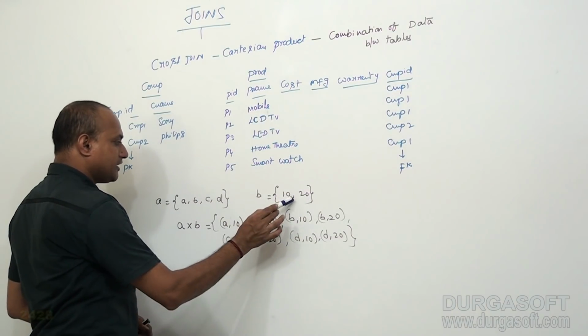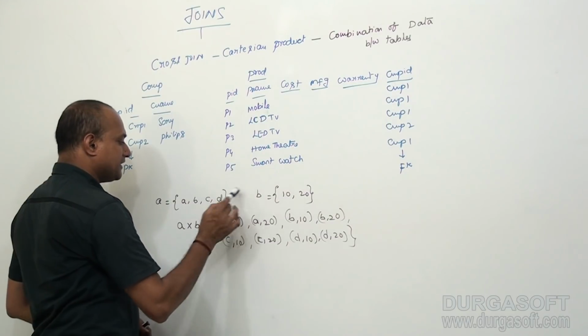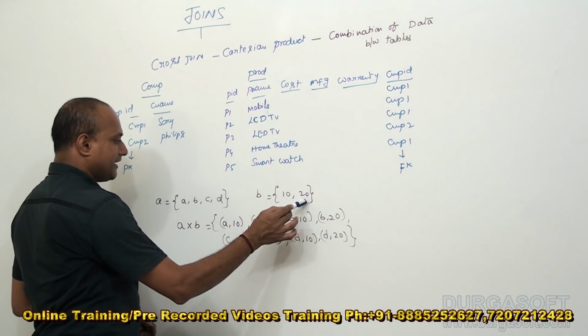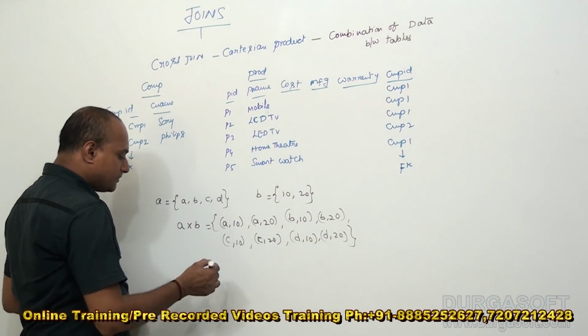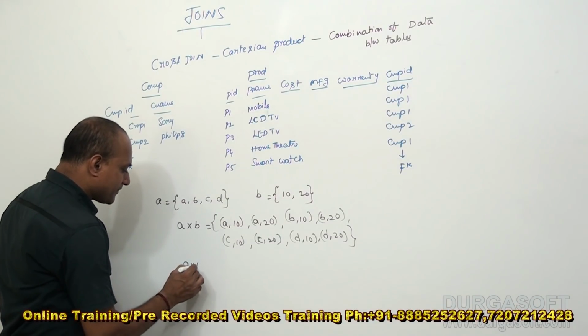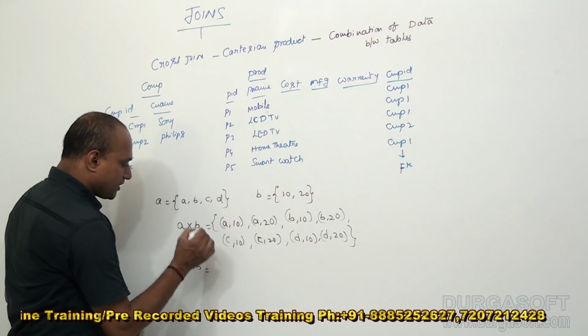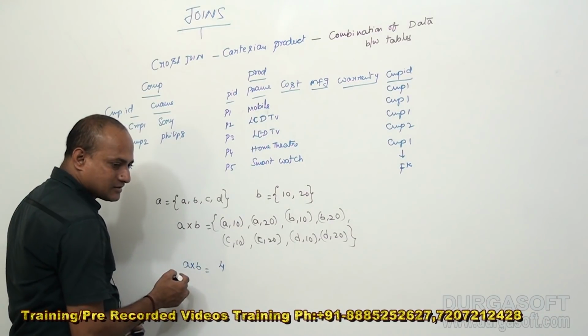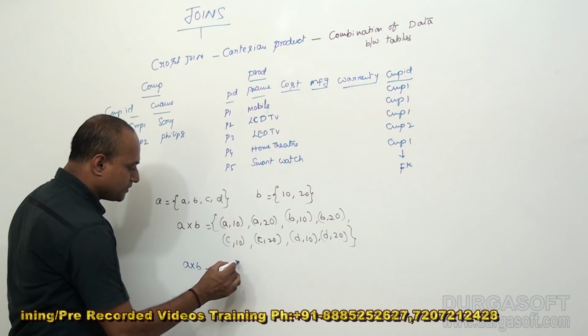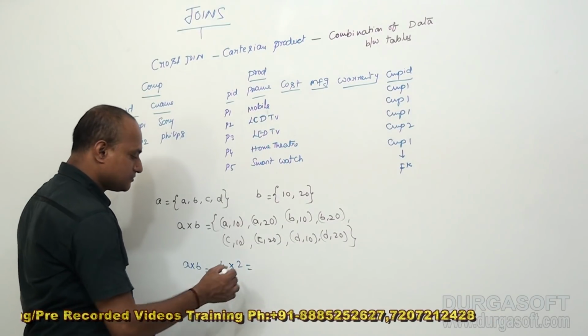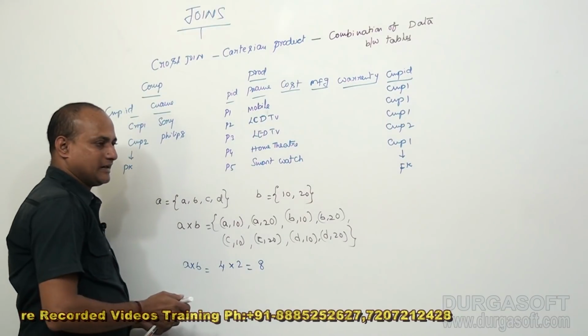B is also 10, 20. C is also 10, 20. D is also mapped with 10, 20. So totally how many combinations are you getting? In A cross B, for each value 2 combinations. The number of values in the first set is 4, into the number of values in the second set, 2. 8 combinations you will get.